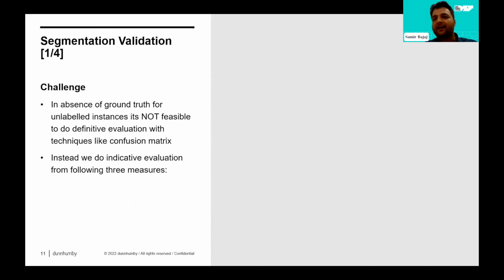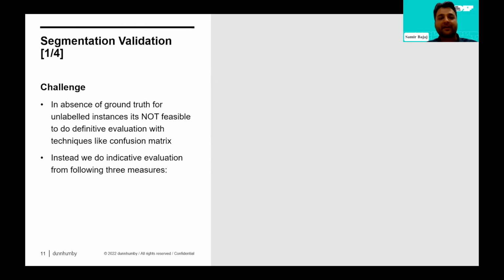So we have done the segmentation into potential and unlikely. But how do we conclude that this segmentation is useful, that what we did was good or not?